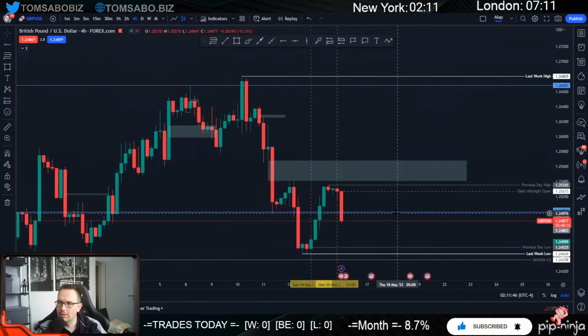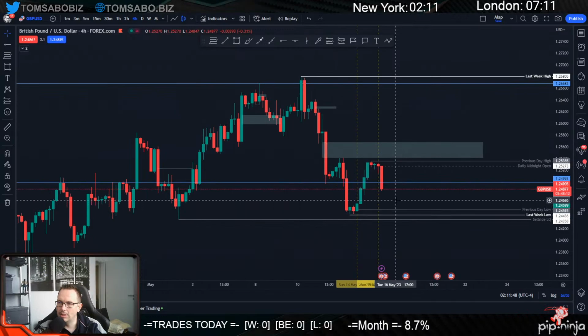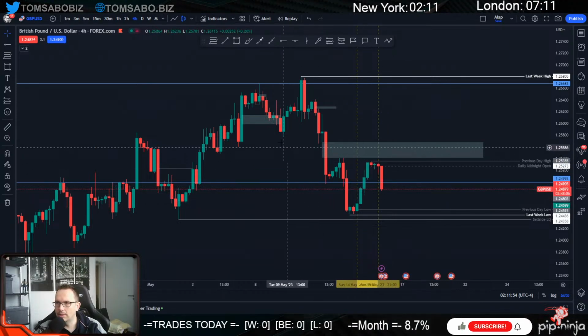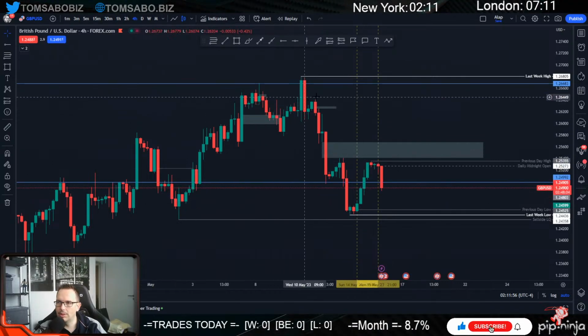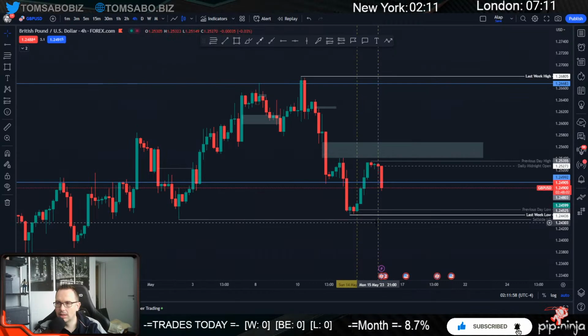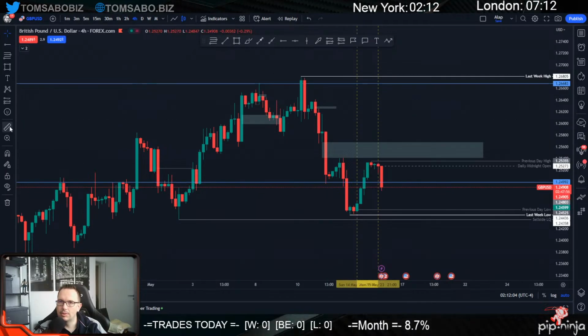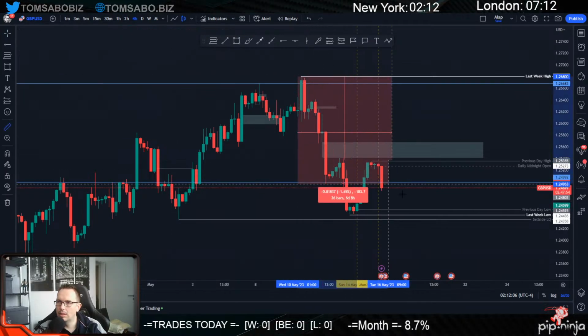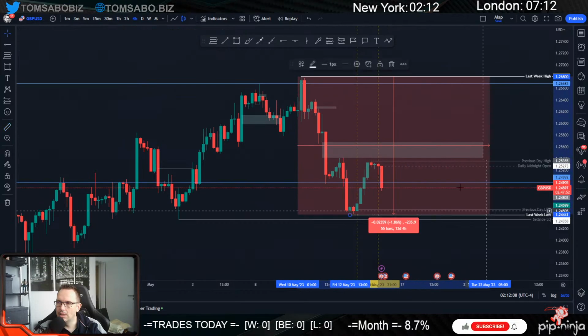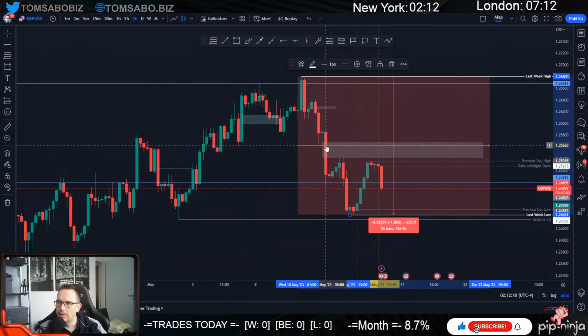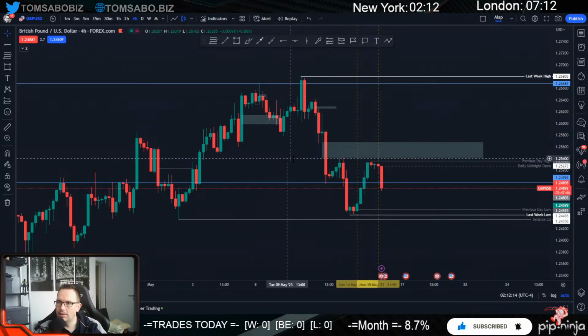All we know is that we're in a discount daily array for now, but if we look at the bigger picture on the 4-hour, we're still in a kind of discount. I would say, if this is the midpoint right there, then we are definitely in discount.